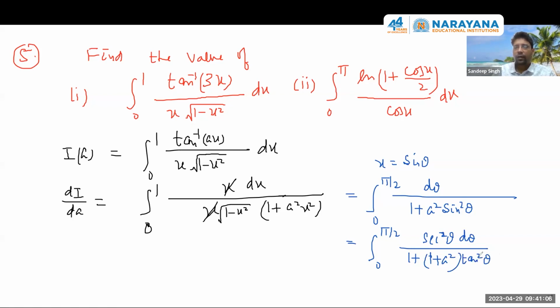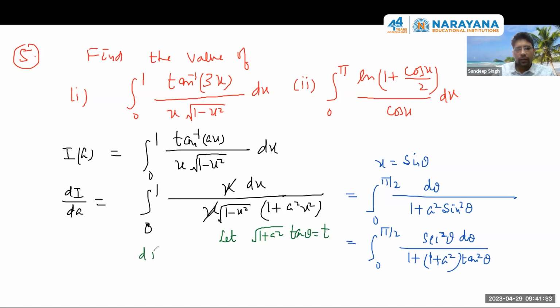Please check whether I have written it correctly or not. Is it all right, right? Yes, sir. So what is the substitution I want to make over here? Let root 1 plus a square tan theta equal to t.